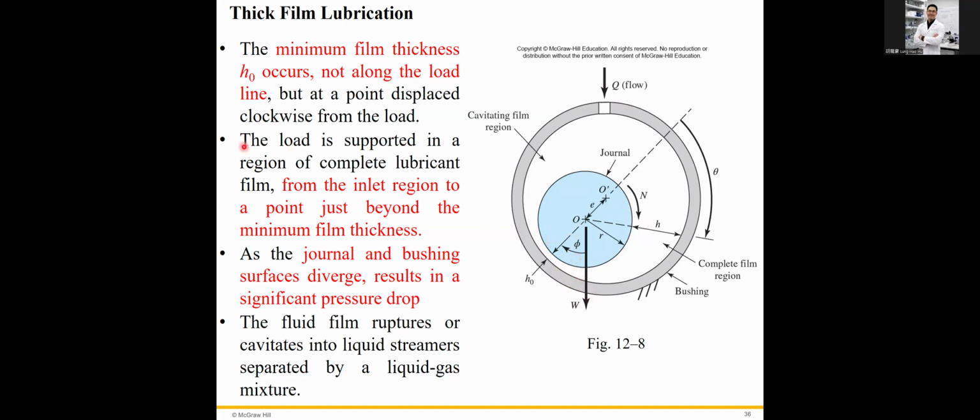Okay, and the load is supported in a region of complete lubricant film from the inlet region to a point just beyond the minimum film thickness. So the load is supported by the journal in a region.